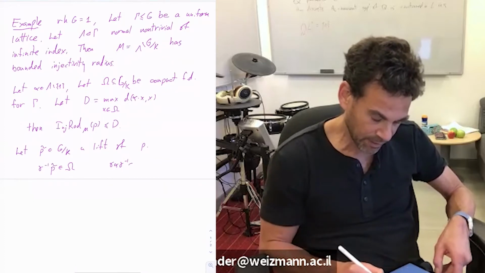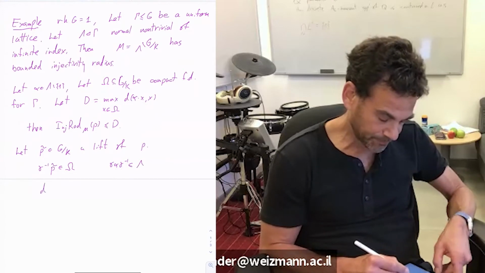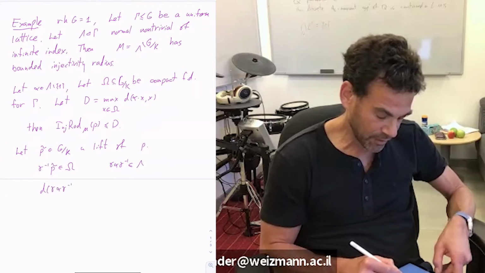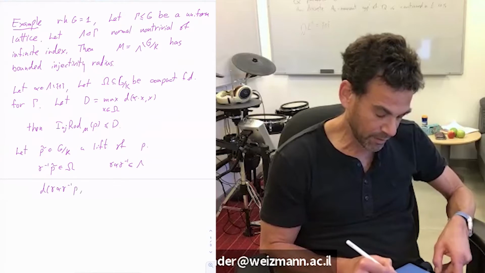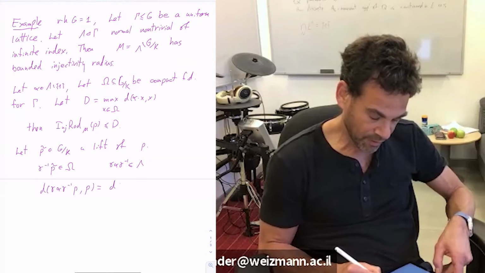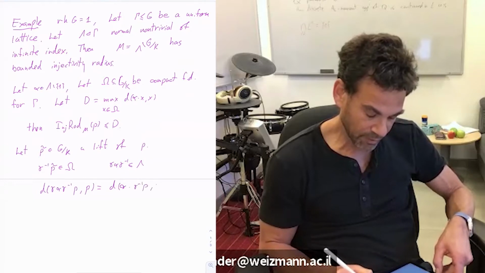This element is inside the normal subgroup Lambda, but the displacement of gamma alpha gamma inverse at P is the same as the displacement of alpha at the point gamma inverse P, which is inside Omega, so it is bounded by D.